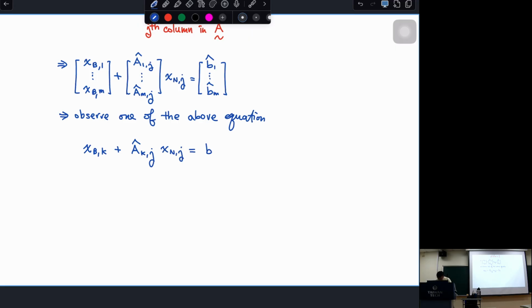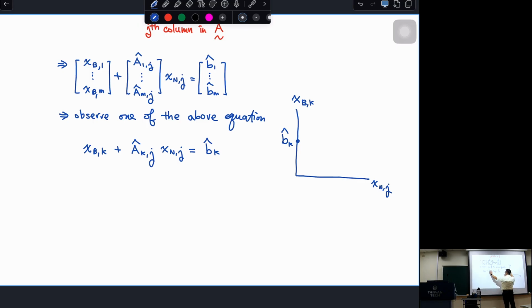So if I make a drawing like this, this is x_nj, and this is x_bk. So initially, this is a value of b_k. So initially, x_nj is 0. So initially, x_bk equals b hat k.